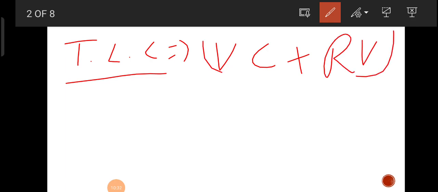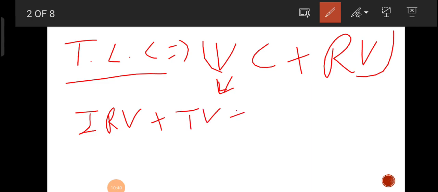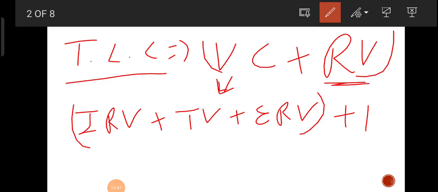What was in vital capacity? There is inspiratory reserve volume plus tidal volume plus expiratory reserve volume, plus here residual volume. So now you are able to remember and calculate the total lung capacity.